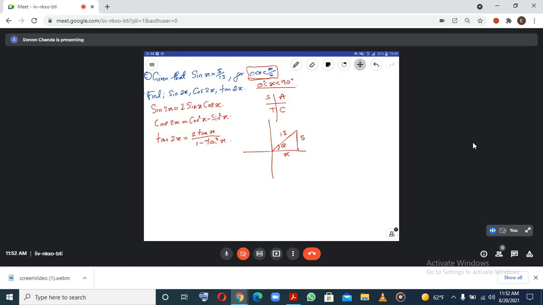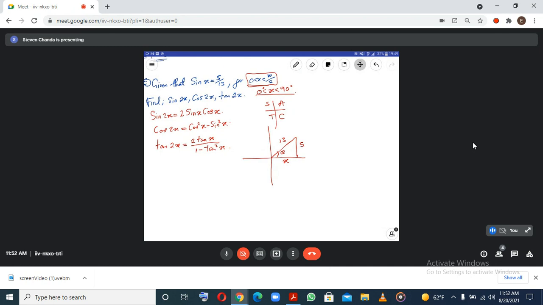We are going to use the Pythagoras theorem. The hypotenuse is 13 squared, then you've got 5 squared, then x squared. So x squared is 13 squared minus 5 squared.